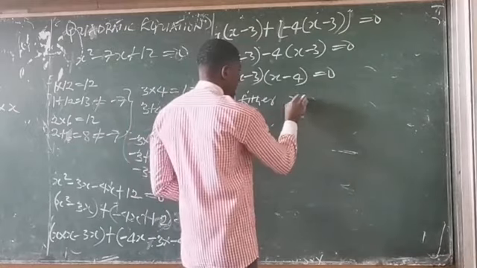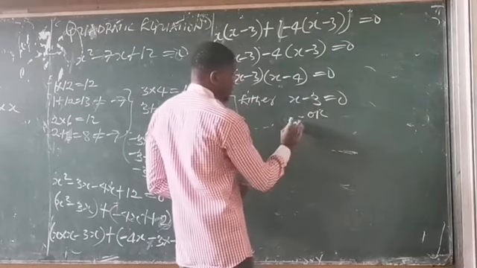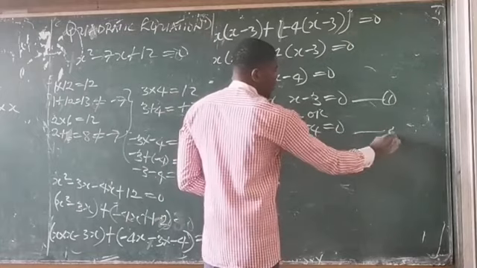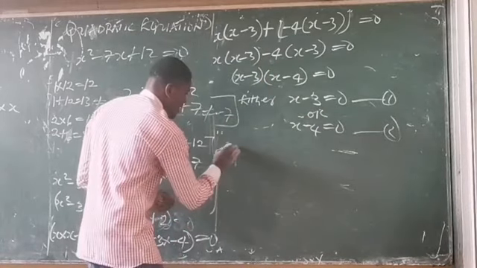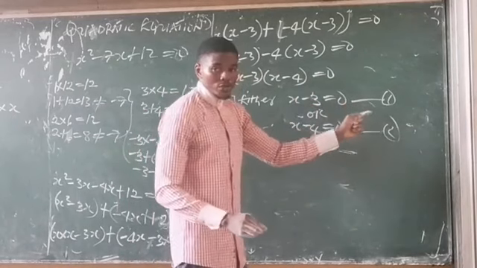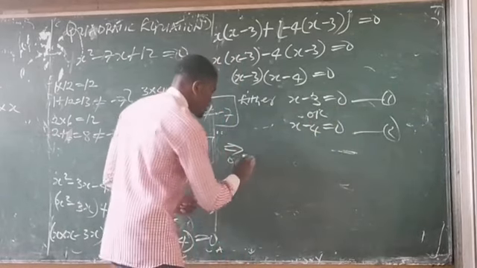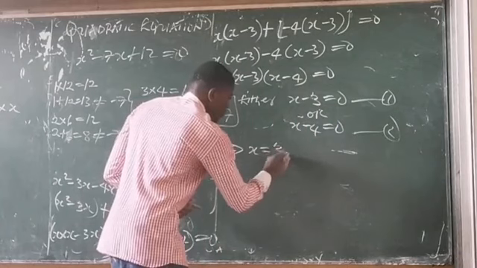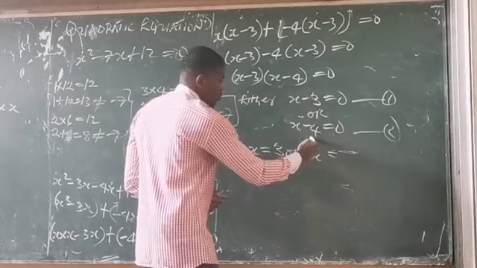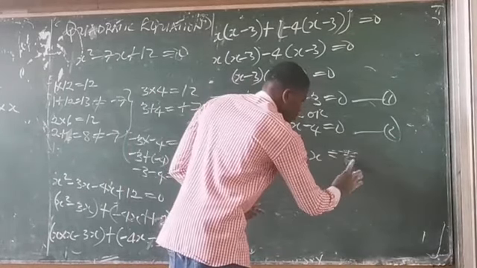So either x minus 3 is equal to 0, or x minus 4 is equal to 0. You can call this equation 1, and this equation 2. From 1, I can send minus 3 over to this side of the equation. If minus 3 crosses an equal sign, it becomes positive. So x is equal to plus 3, or, if minus 4 crosses over this side of the equation, it becomes plus. So x is equal to plus 4.